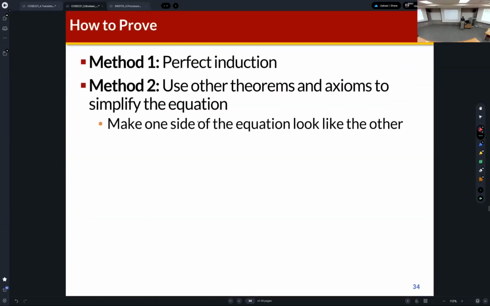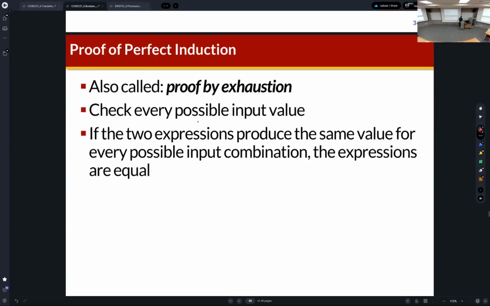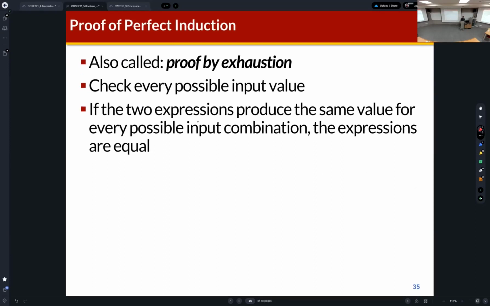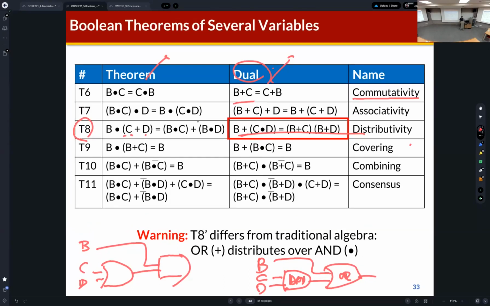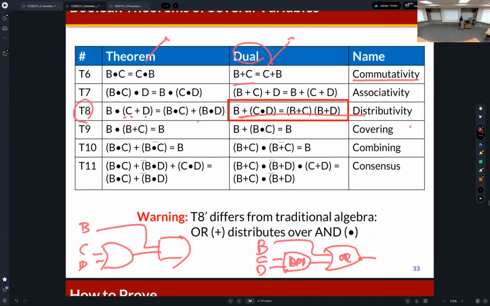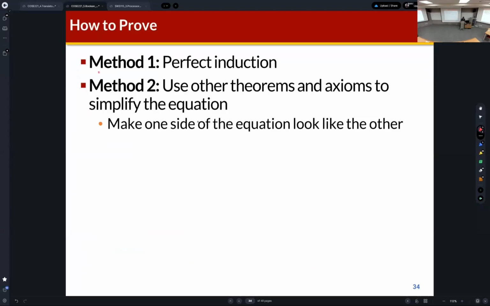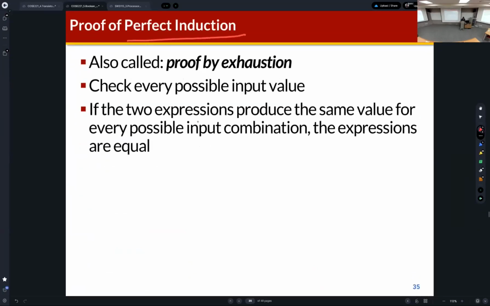So what is the perfect induction? The perfect induction is just that we can define all possible inputs. But it's kind of dumb, right? Because the first method is the perfect induction, which means that we can define all possible inputs for each term, and then we can verify the output of this Boolean equation.